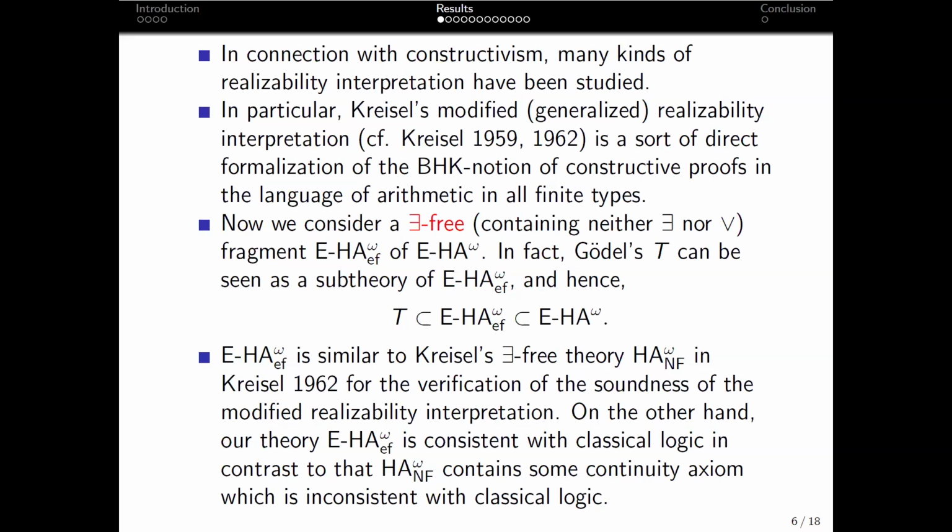EHA omega EF is similar to Kreisel's existential-free theory, HAN omega F, in his 1962 paper for verifying the soundness of the modified realizability interpretation. On the other hand, our theory is consistent with classical logic, in contrast to Kreisel's theory, which contains some continuity axiom that is inconsistent with classical logic.